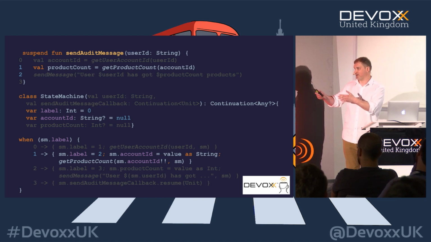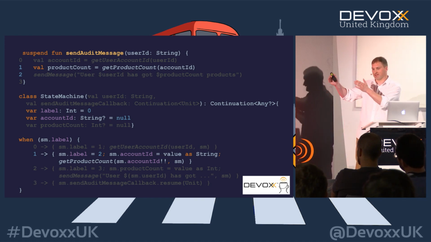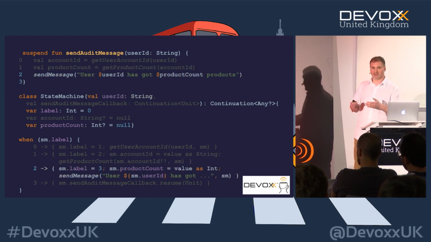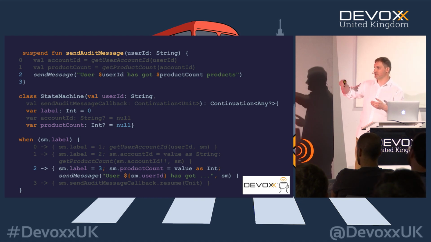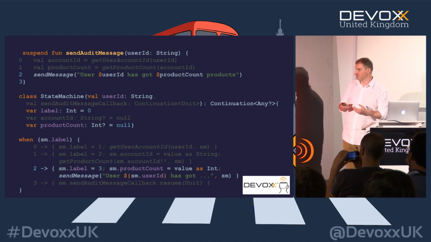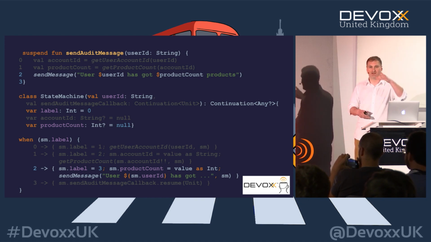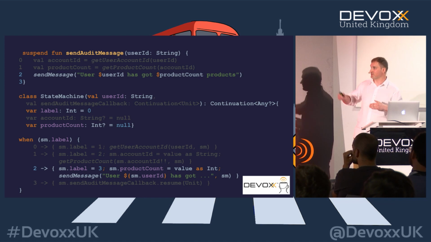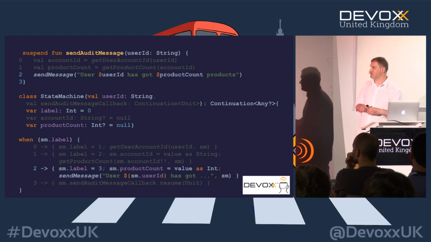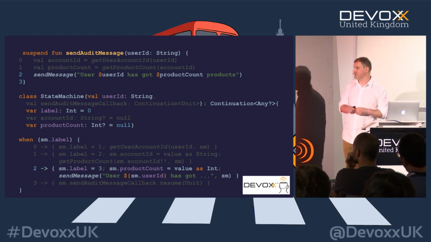So we call getProductCount, we pass the state machine, and when getProductCount finishes its execution, it calls resume. So the label is now 2. So we go to this case where the label is 2. We set the label to 3, which is our final step. So the 3 is actually the point where we should finish our execution of the send audit message.